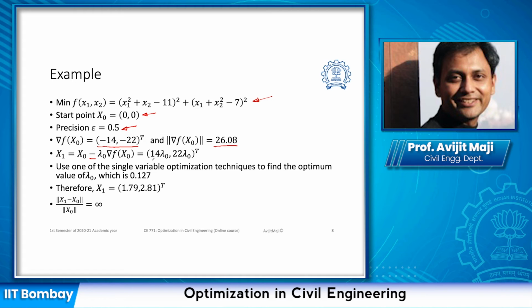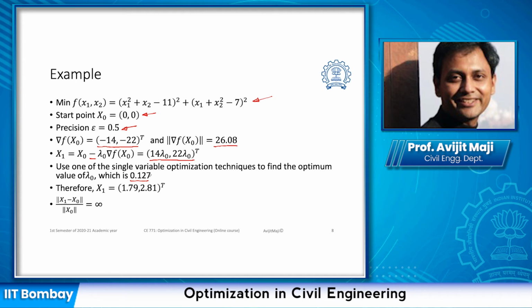Once we do that, the new point is expected to be like this, and if we substitute this point into our objective function and optimize it, that is, optimize the lambda 0 value, then we can see that lambda 0 is going to be 0.127.